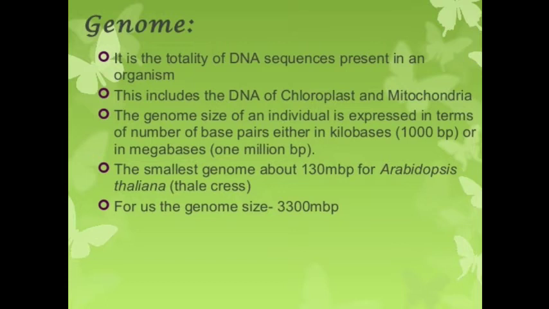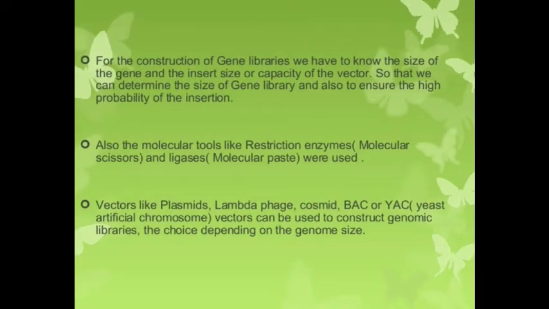From the donor cell, DNA is collected, and after that fragmentation of DNA is done. These random DNA fragments are combined with the cloning vector, and after that the recombinant DNA is introduced into the host cell.